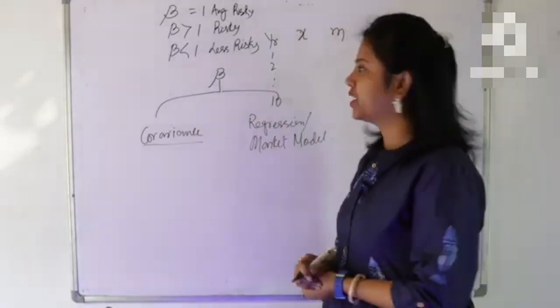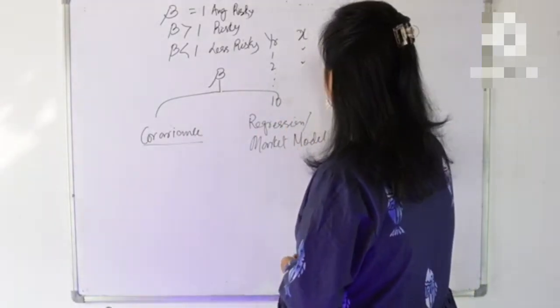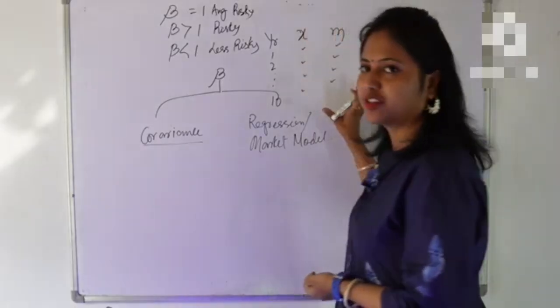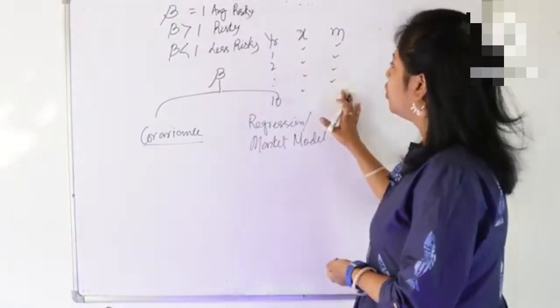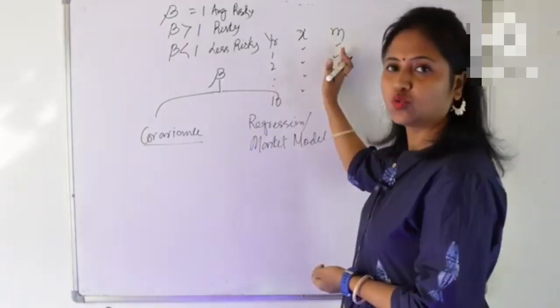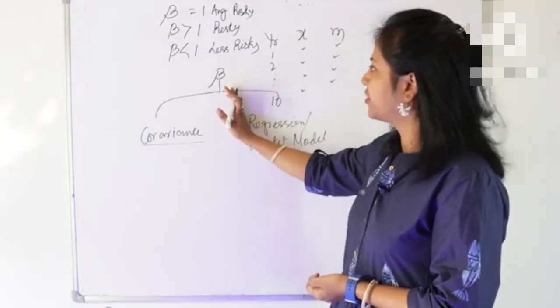So we will have some values of the individual stock return and some values of market return. From these two sets of information, we find the covariance between the two, and having known the covariance, we will know beta.